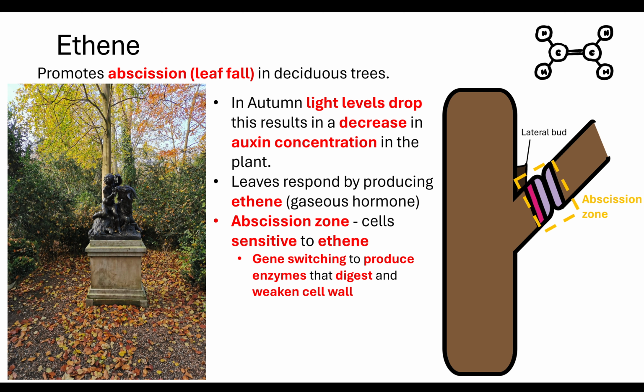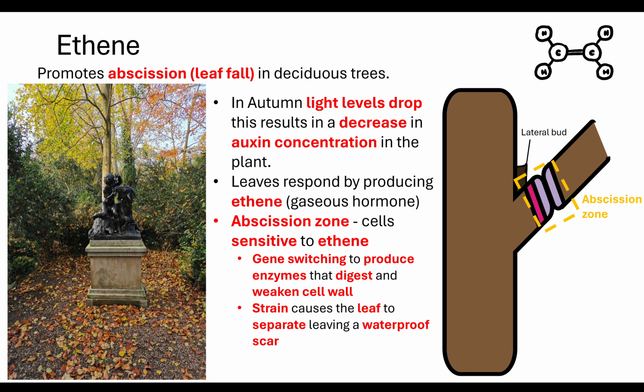Those enzymes are going to start to digest and weaken the cell wall within this abscission zone. Now, what that will result in is that strain from the change in temperature, from the increase in wind, will actually cause this leaf to separate.